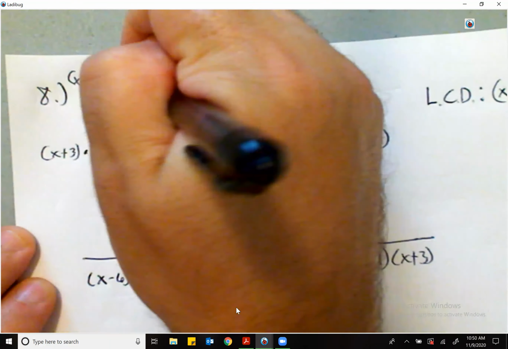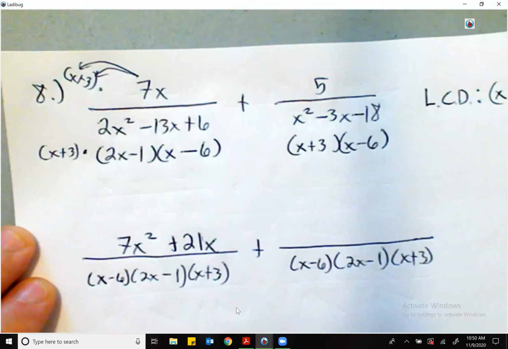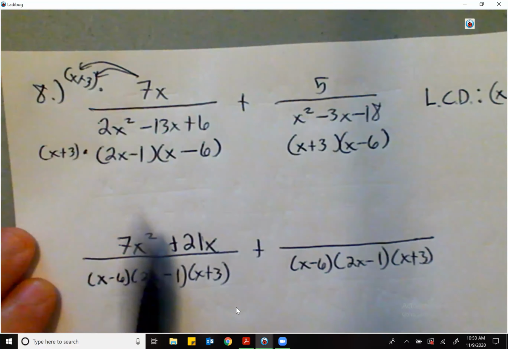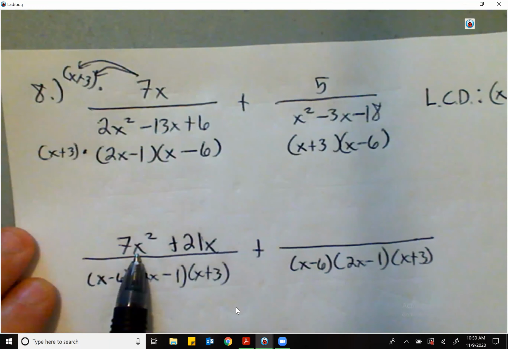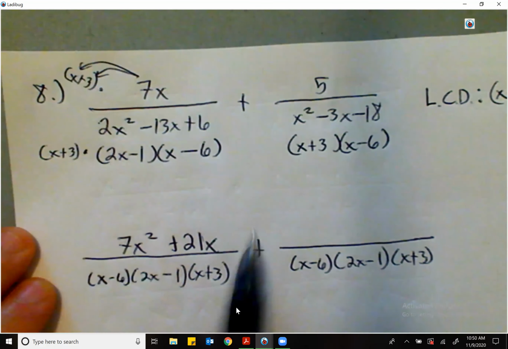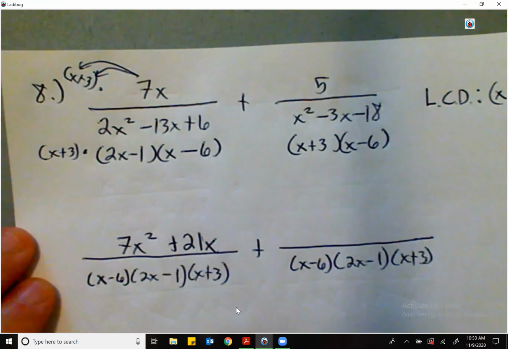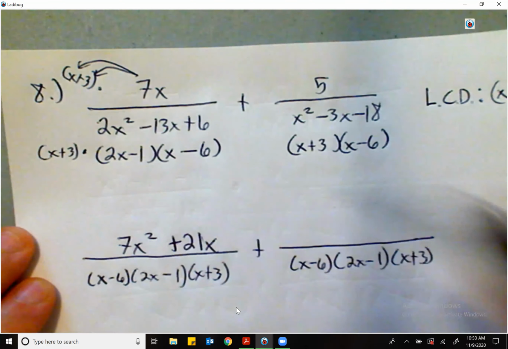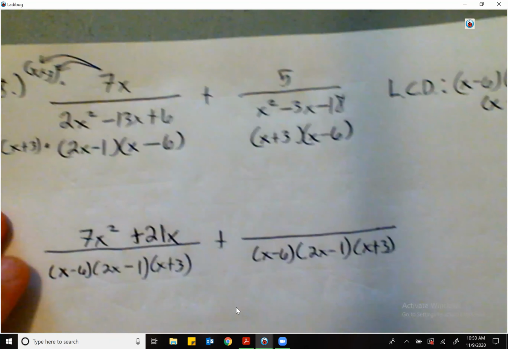No, it doesn't. So what does that mean for our final answer? It's just that. You're looking at it. This is the final answer because there's no canceling. This doesn't factor, so there's no crossing stuff off.